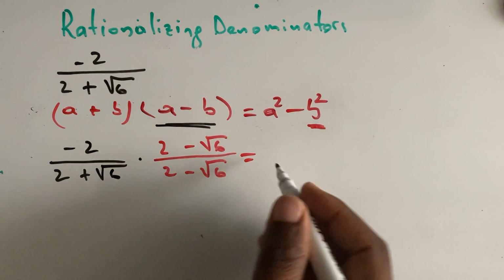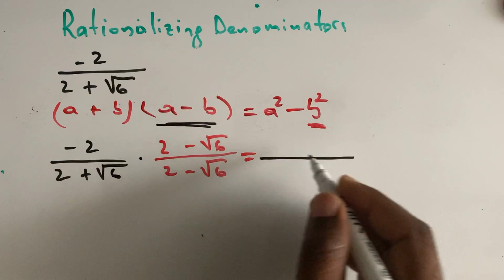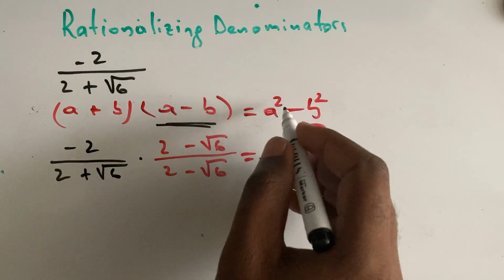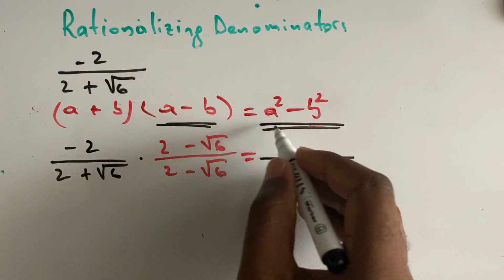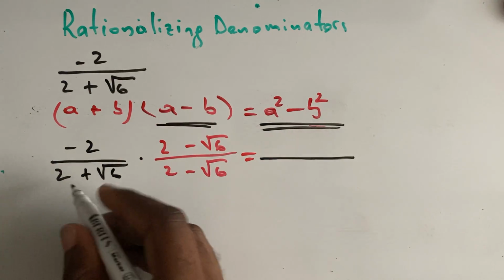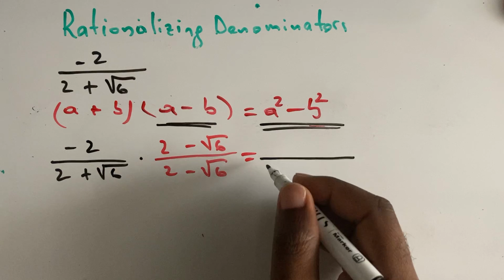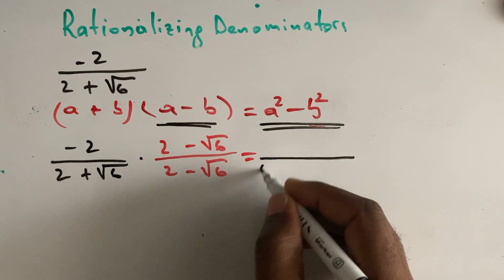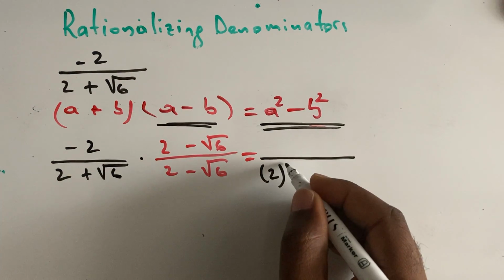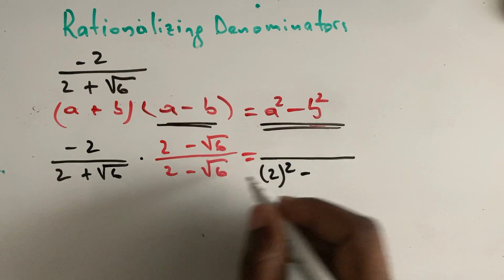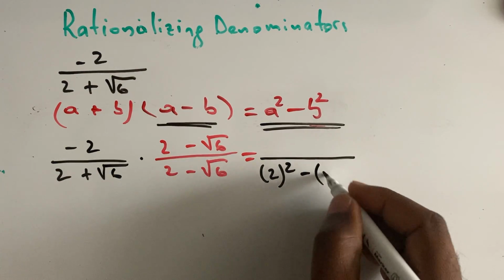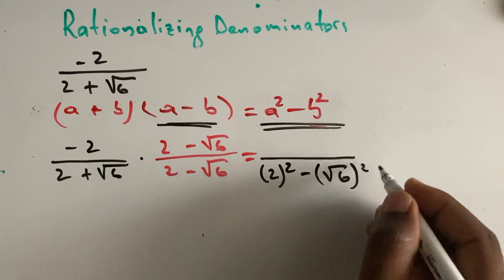Now, as you can see, according to the binomial you have here, I know it's like a plus b, a minus b. So I can write this as 2 squared minus the square root of 6 squared.